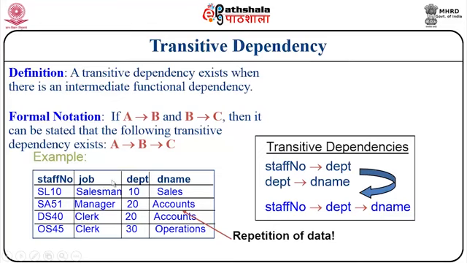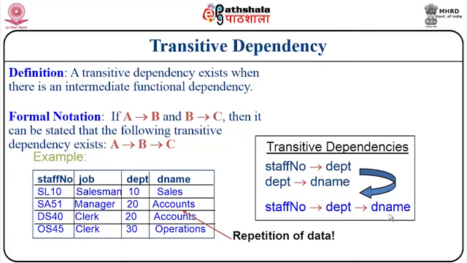So A determines department: staff number determines department, and department determines department name. Many a time we would have looked at this example: A implies B, B implies C, can that be inferred as A implies C, which is called a transitive dependency here.